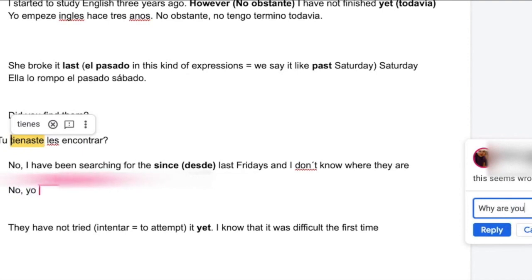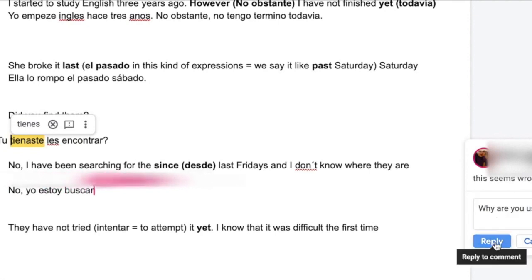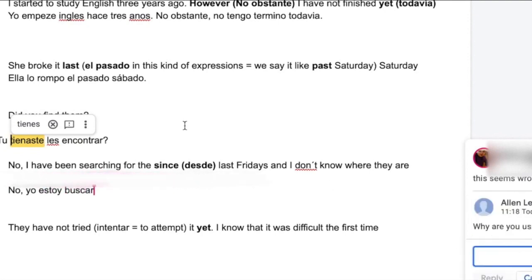Why are you using internet? You don't need it. You don't need to use tener for this sentence.